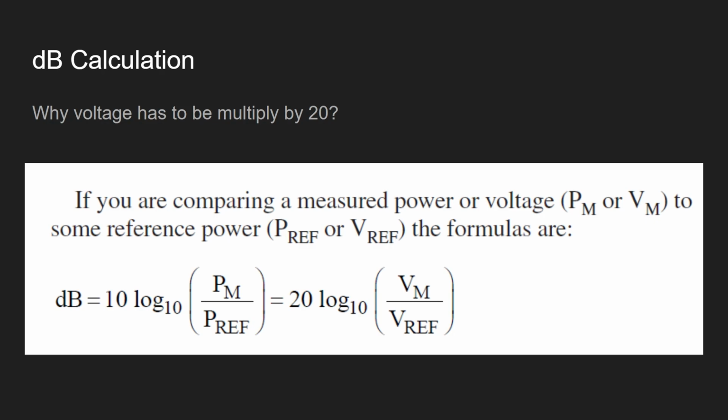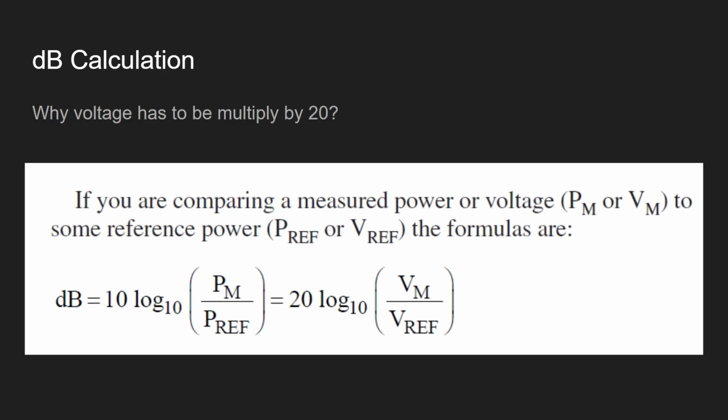So in the log scale, dB equals 10 log base 10 of P out over P in. All the stuff we use is base 10, so you have to remember.